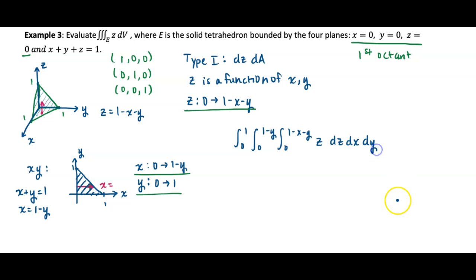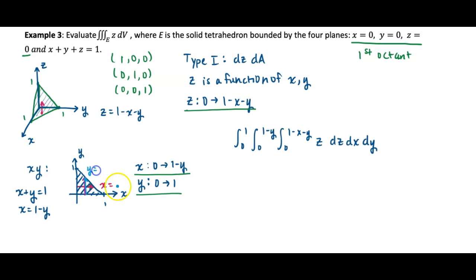dx, dy. Now I just picked that this is going to be a type 1 region, and then that our x bounds are going to be in terms of y. But what if I wanted to go the other way? If I wanted y to be a function of x, my arrow would look like this.